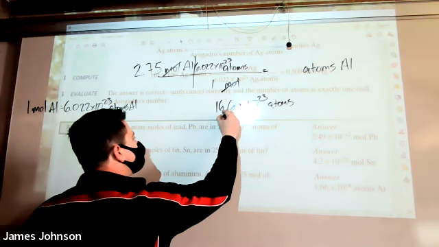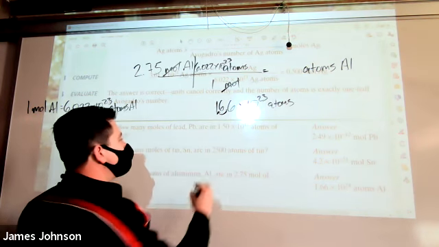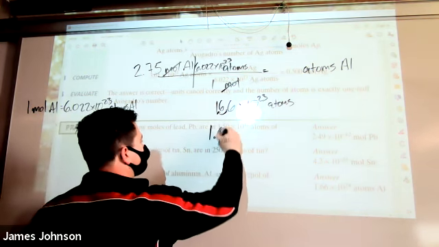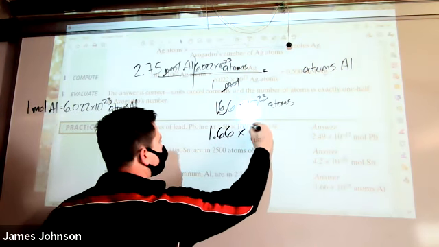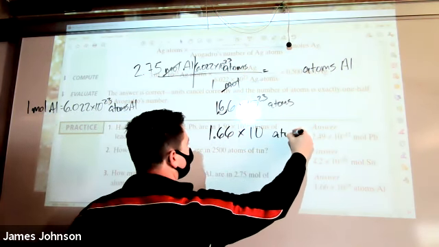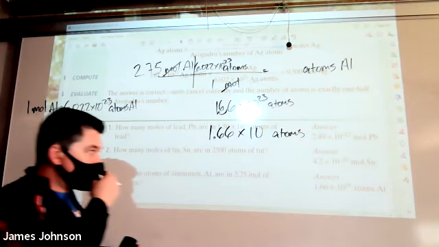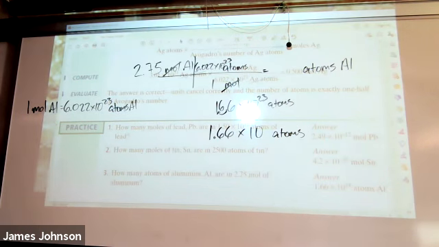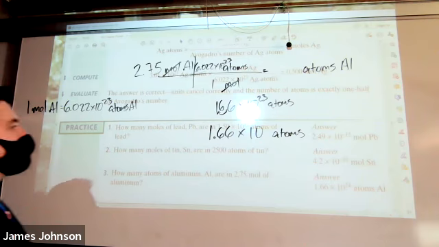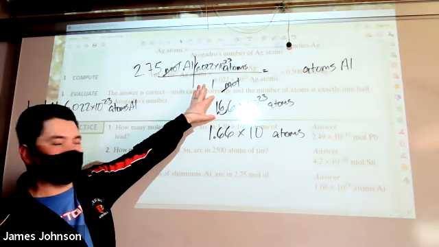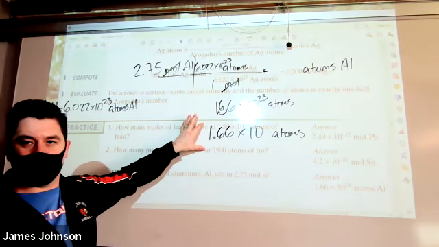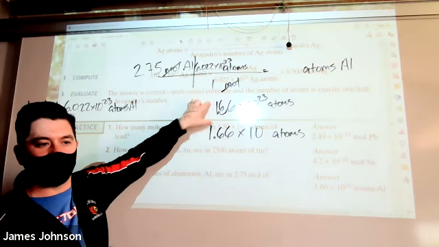I'm going to have to move the decimal 1 time. So I have 1.66 times 10 to the something power of atoms. Well, again, I went from a 16 down to a 1.6. So did this number get bigger or smaller?